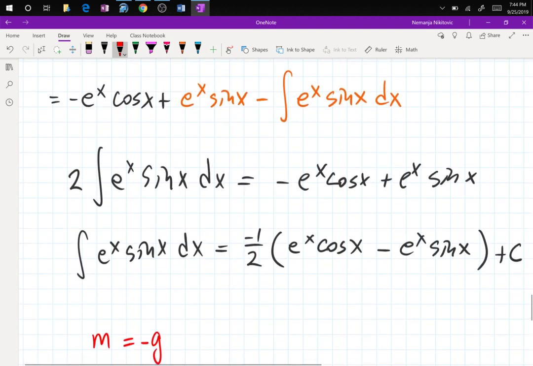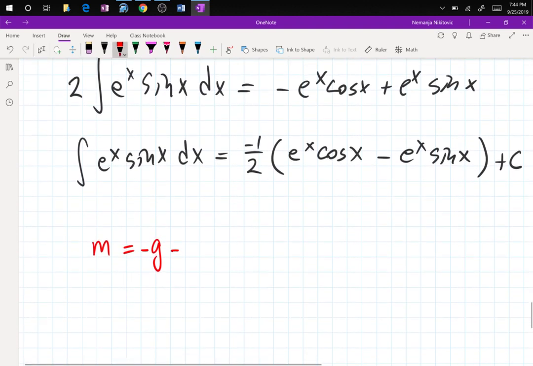Negative g plus r minus another m. So technically this is what you had. Something like that. And then to solve for m, you move them to the other side and got 2m is equal to negative g plus r. And then you said m equals negative 1/2 g minus r. So technically that's what happened.